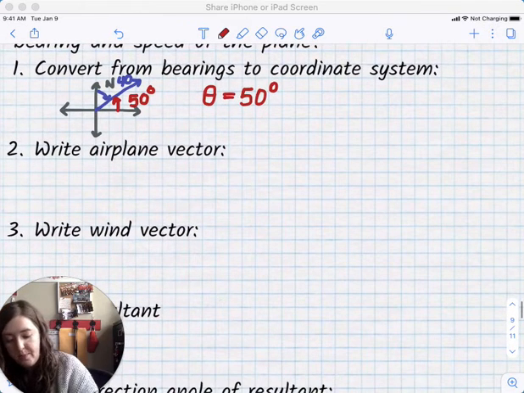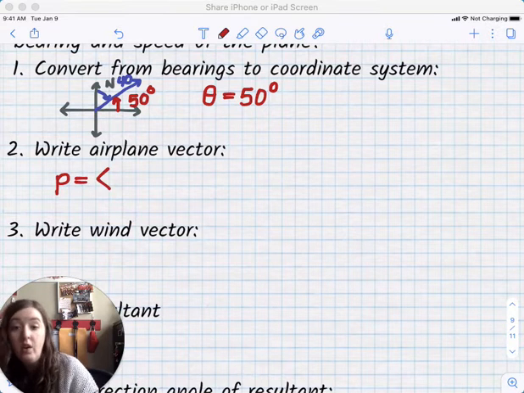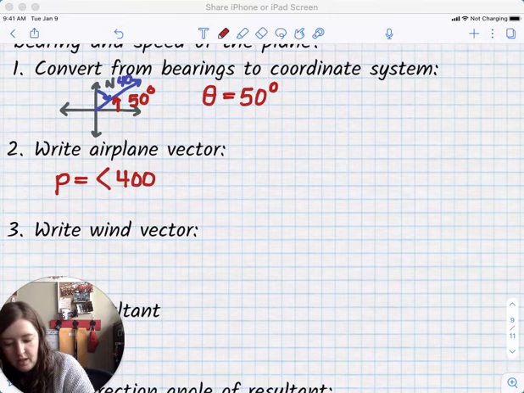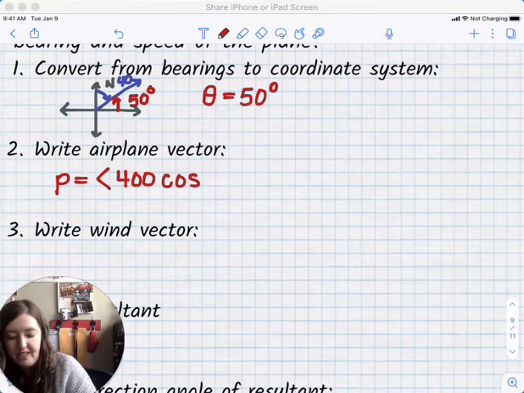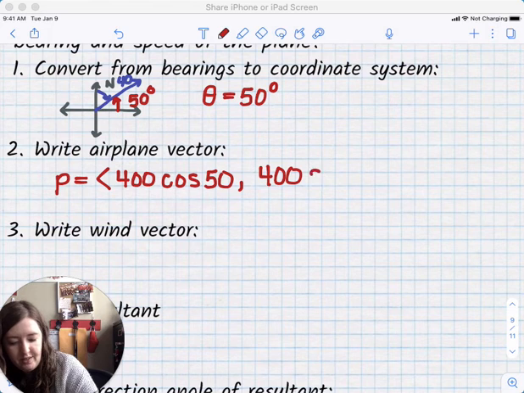So let's write an airplane vector. We know it's going 400 miles per hour. So that's my magnitude. And then my direction is 50, so I have 400 cosine of 50 degrees, 400 sine of 50 degrees.